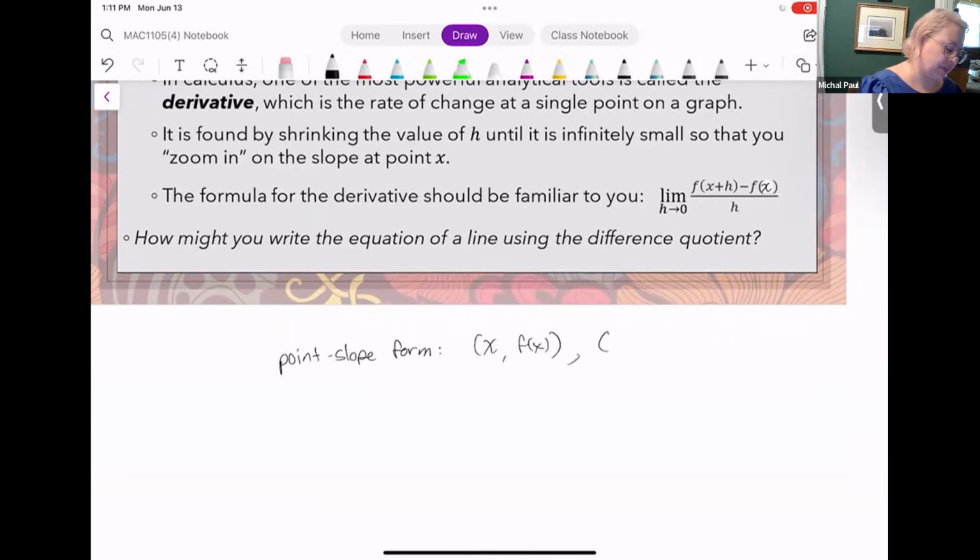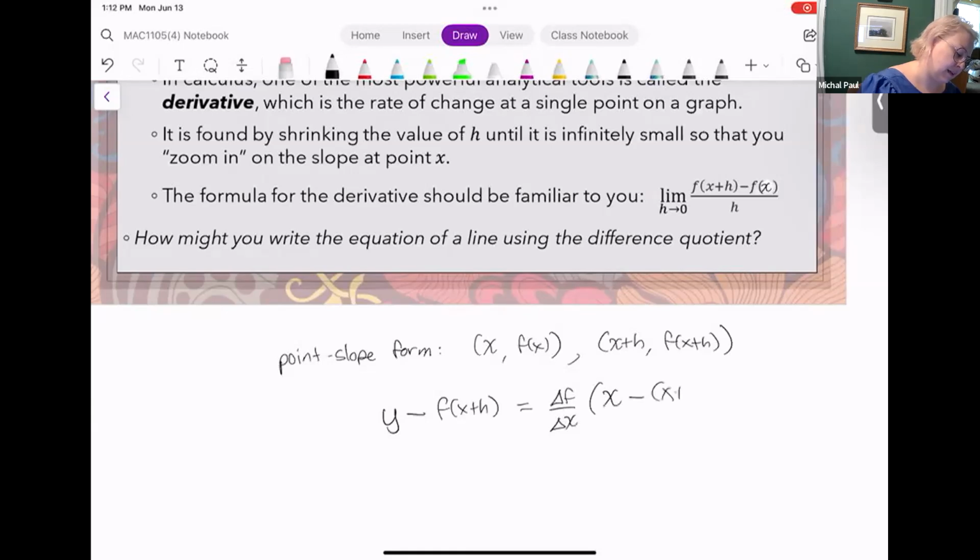I'd just do it with X and f of X and X plus H and f of X plus H, so that I would get my Y minus f of X plus H equals my slope times X minus X plus H, which is just H.